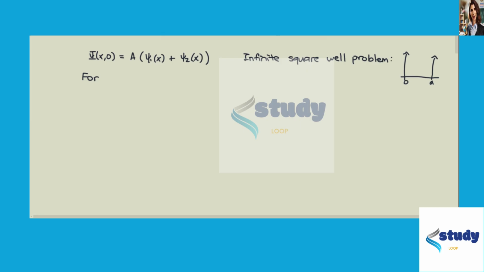The wave function psi 1(x) is root 2 over a sine(pi x over a), and psi 2(x) is root 2 over a sine(2 pi x over a).